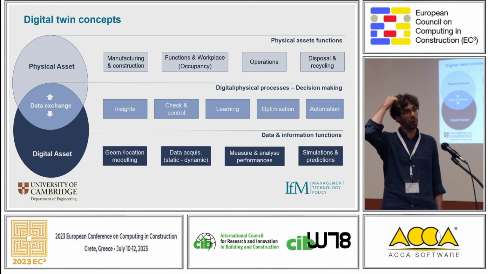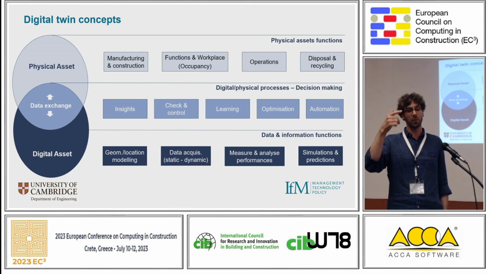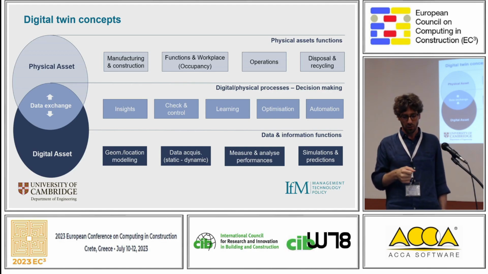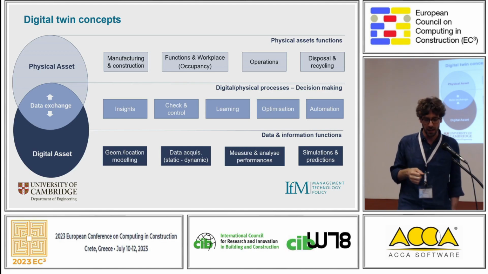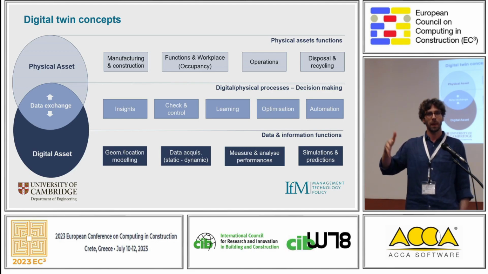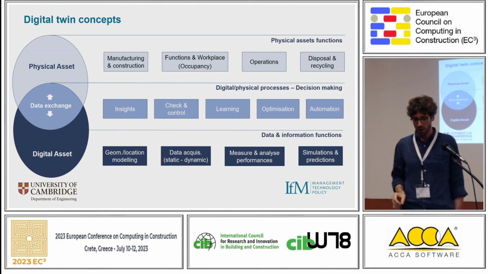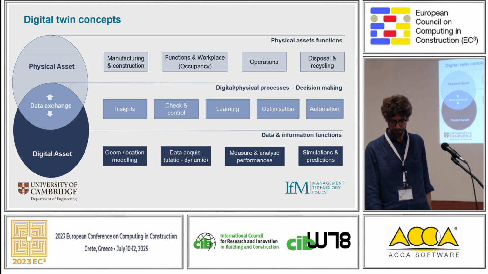So it's what we can produce through a data exchange between the physical and digital asset, which will give us more insights and capabilities of checking, control, learning, optimizing, and eventually automating, if you want, in a more advanced view of a mature version of the digital twin concept.